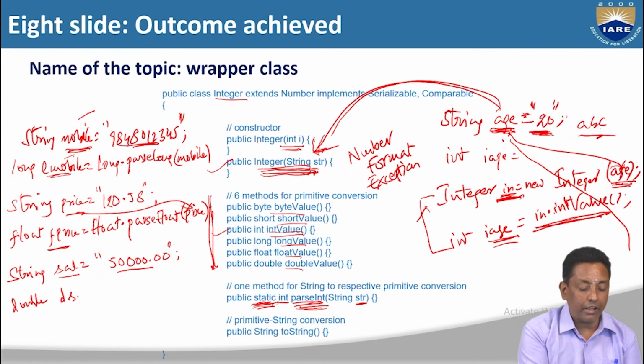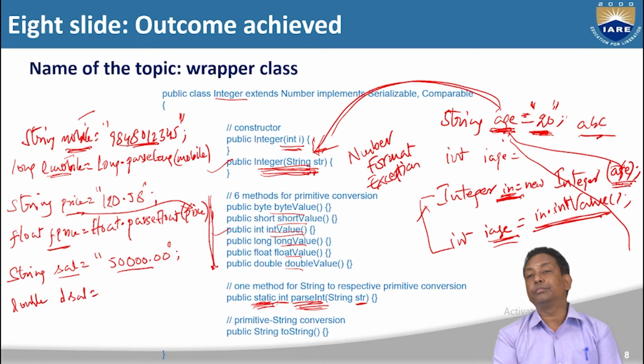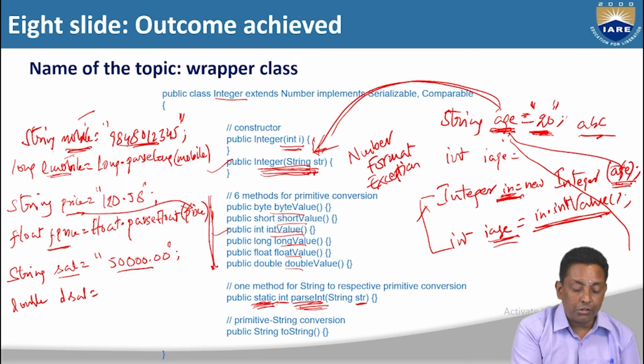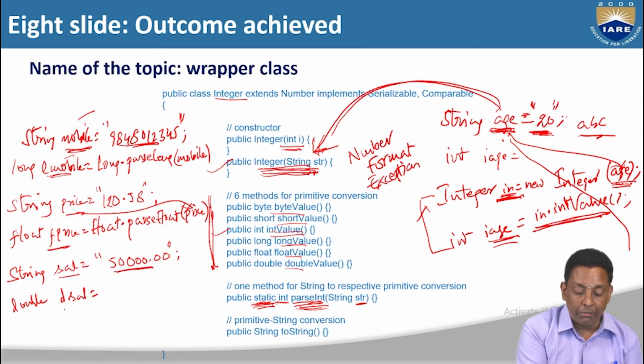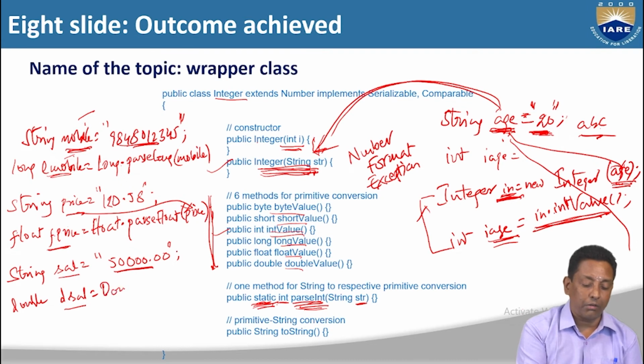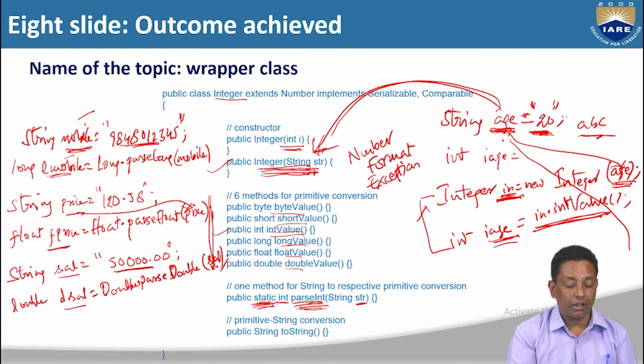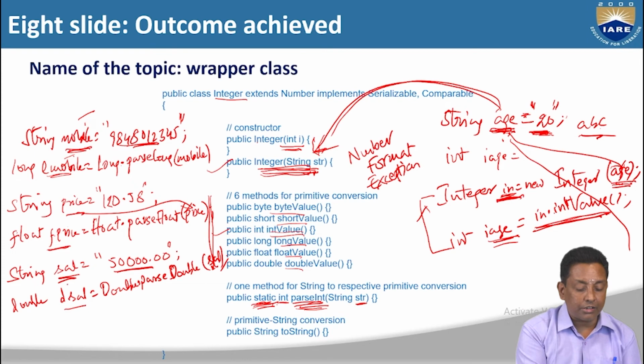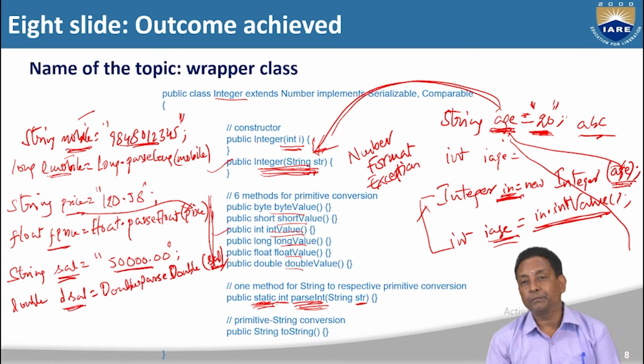Double D salary is equal to... To convert string to primitive double, which wrapper class do you need to use? The Double wrapper class. Double dot parseDouble of. If you pass string sal as argument, the string sal is converted into a primitive double value.